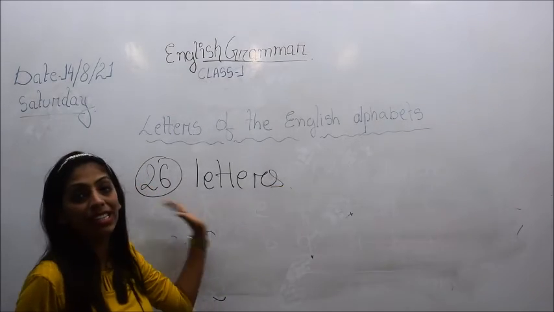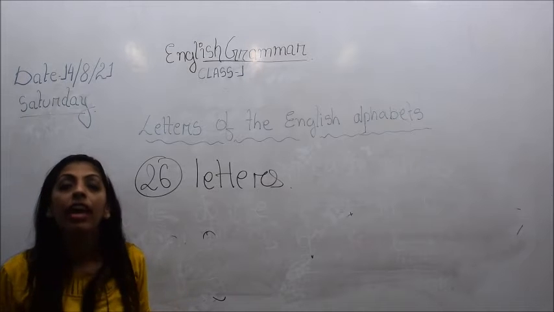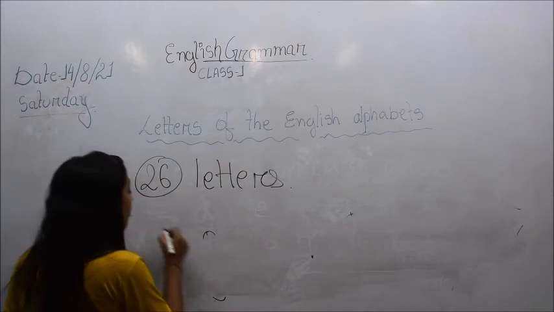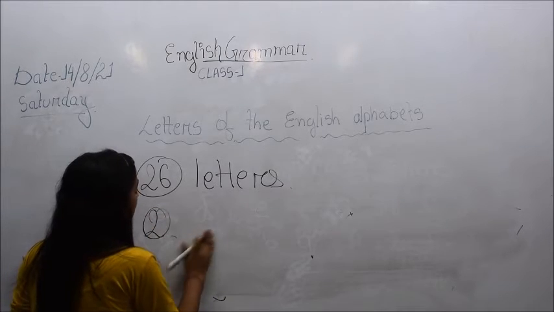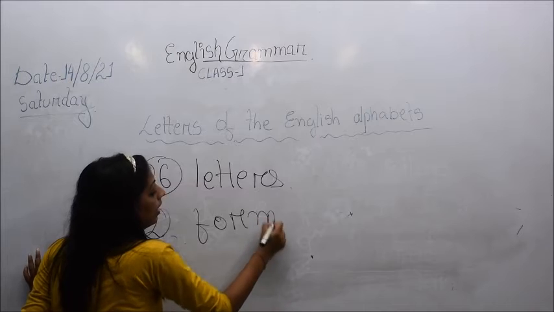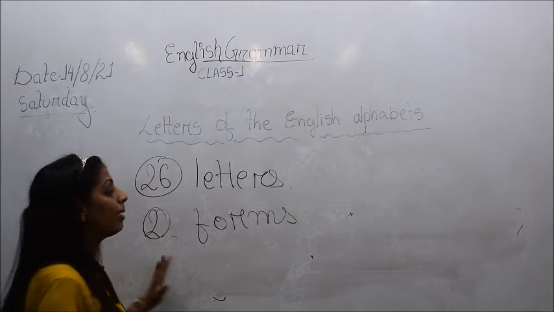Alright, there are 26 letters in the English alphabet. Okay, and this English alphabet can be written in how many forms? It can be written in 2 forms. Okay, and what are they? What are the 2 forms in which the English alphabet can be written?